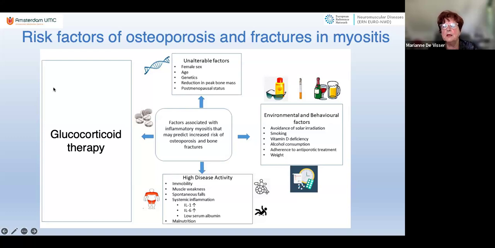If you prescribe glucocorticoids, you also have to monitor the patient and screen them for osteoporosis and prescribe vitamin D and antiosteoporotic treatment. But high disease activity with immobility, with muscle weakness, can also lead to osteoporosis. And there are some environmental and behavioral factors like smoking, alcohol consumption, and obesity.